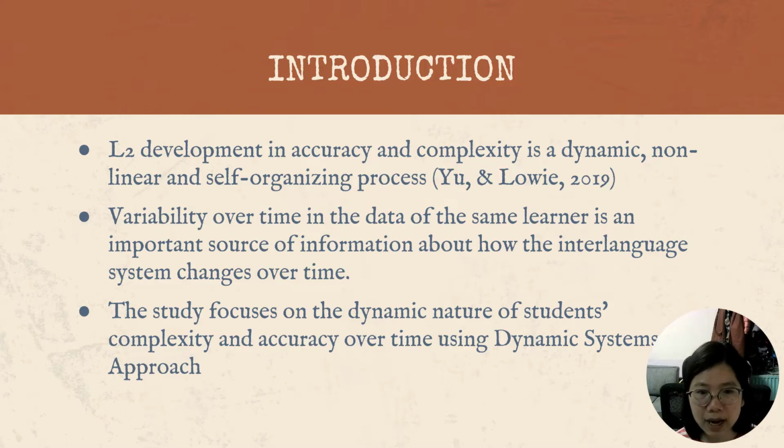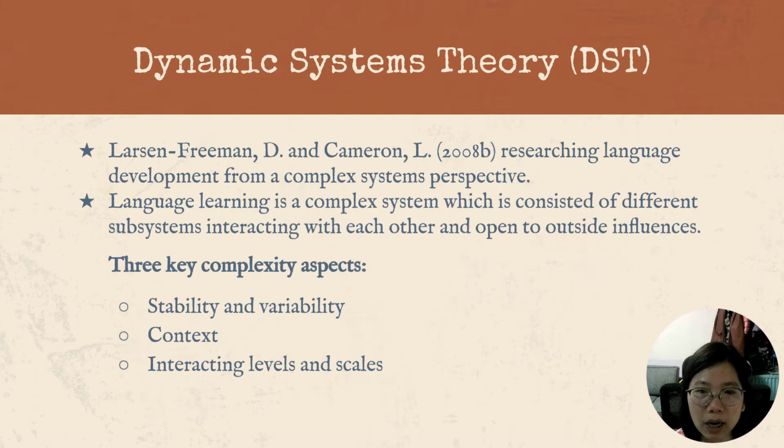So in my study, I focus on the dynamic nature of students' complexity by using the dynamic systems approach. There are three key complexity aspects: stability and variability, context, and also interacting levels and scales.